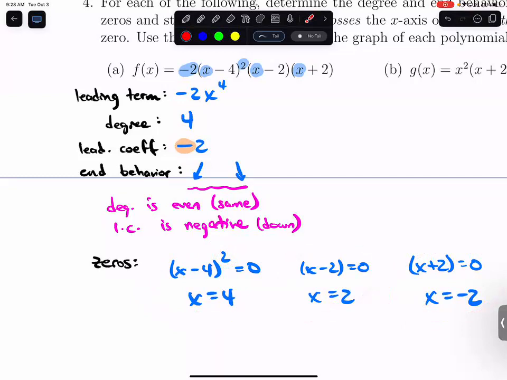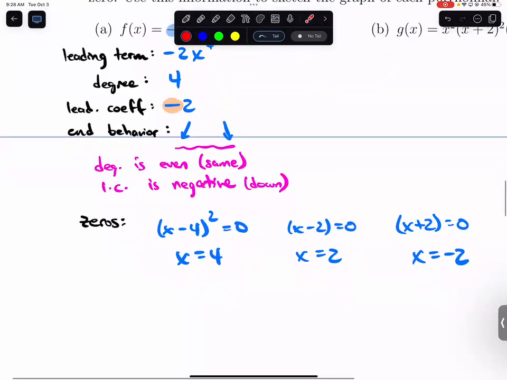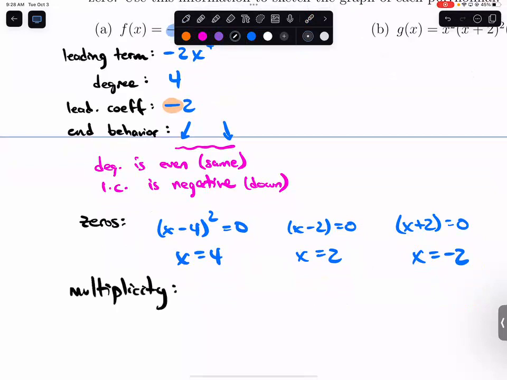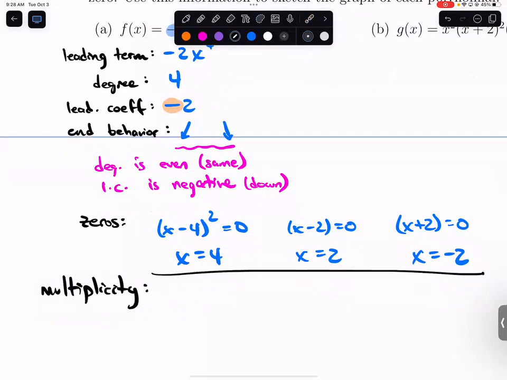It also does something else. This thing having multiplicity, like multiple, right? Same root. Just kind of organize stuff a little bit here.